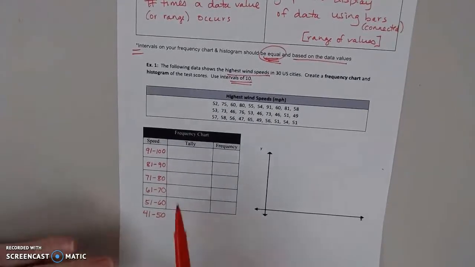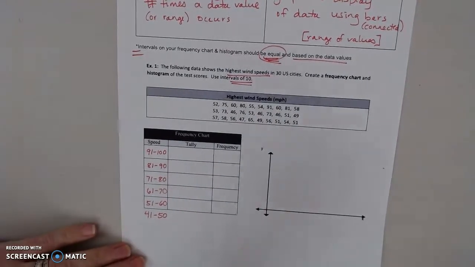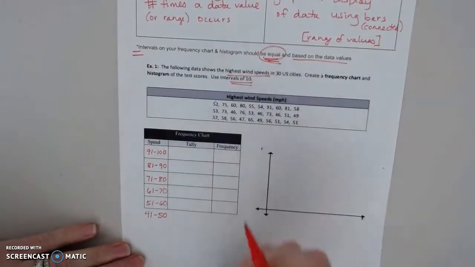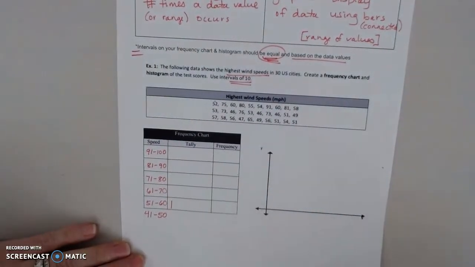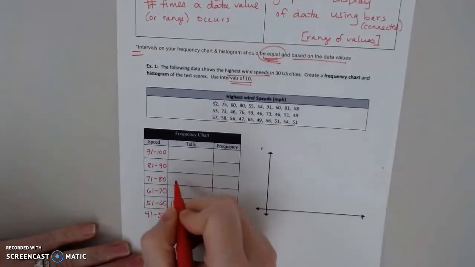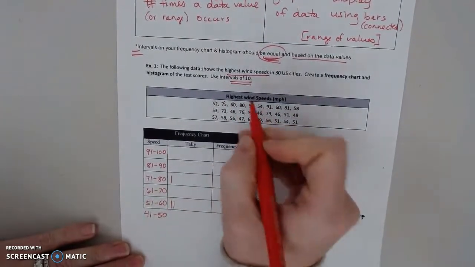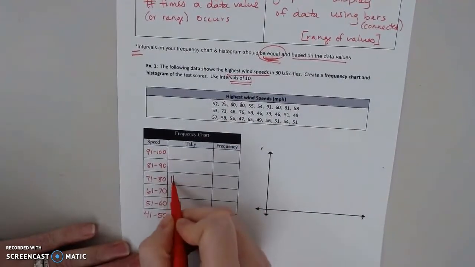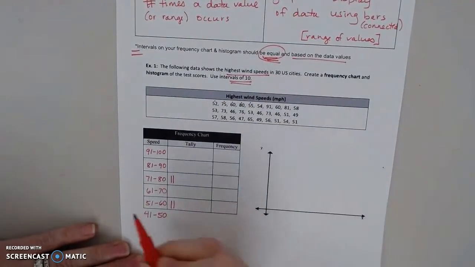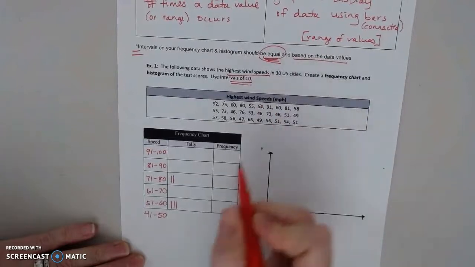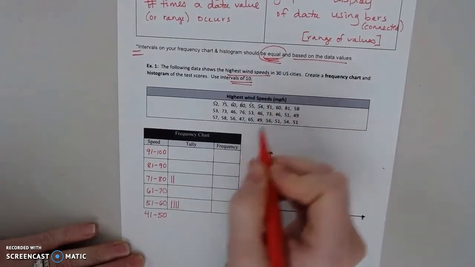Okay. So the tally marks are really just like tallies. So I'm just going to go in order. So 52 falls here. And I just literally go in order. 75, 60, 80, 55, 54, 91.